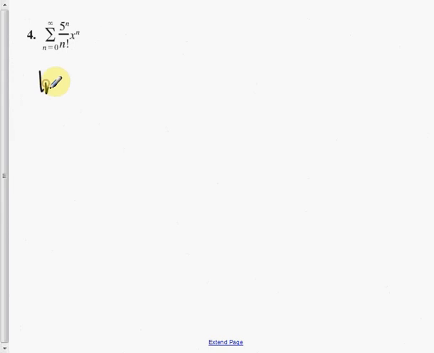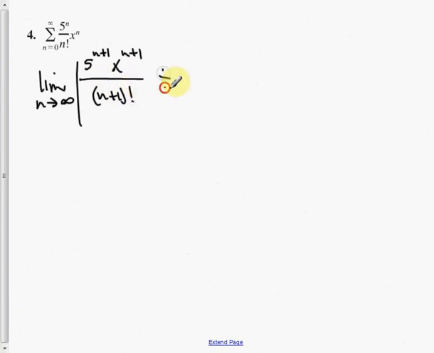So we apply the ratio test. The limit as n goes to infinity of the absolute value of 5 to the n plus 1 times x to the n plus 1 all over n plus 1 factorial, divided by 5 to the n times x to the n all over n factorial.